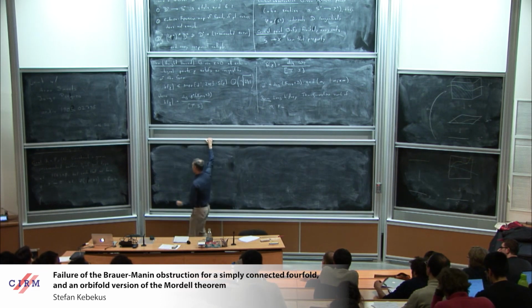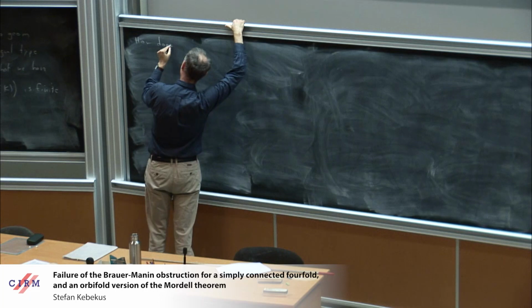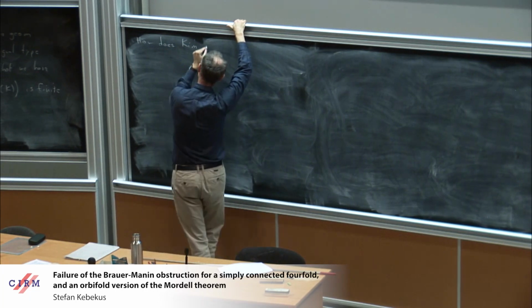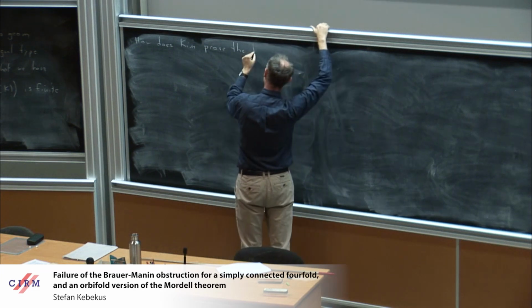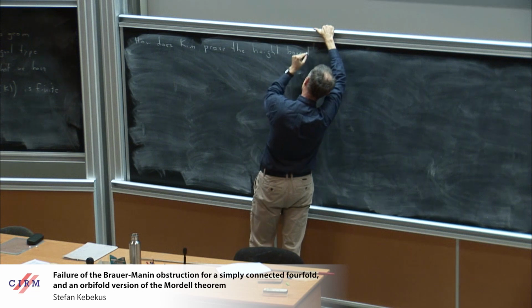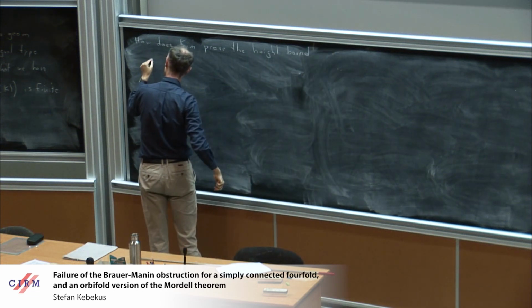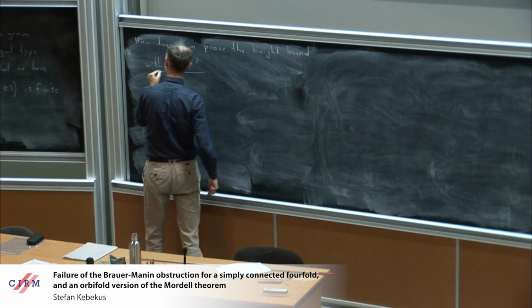So how does Kim prove the height bound when there is no D?